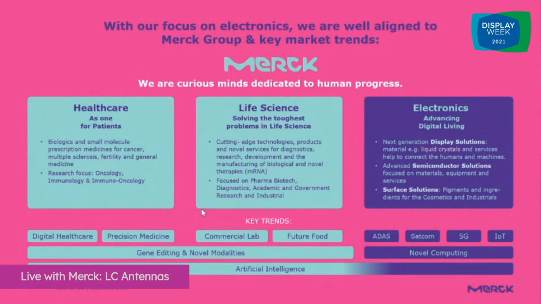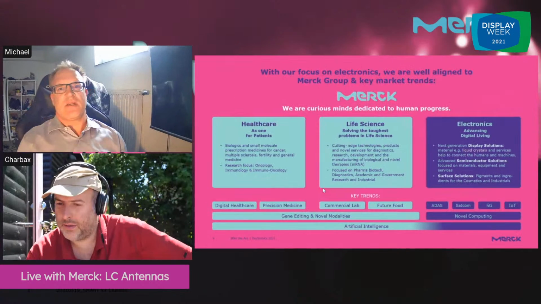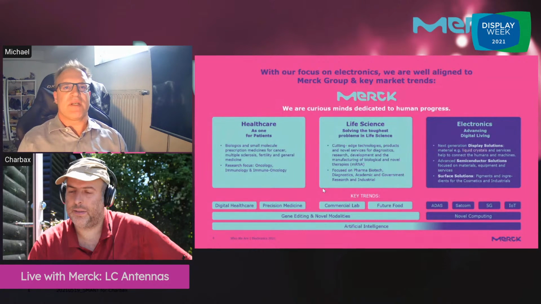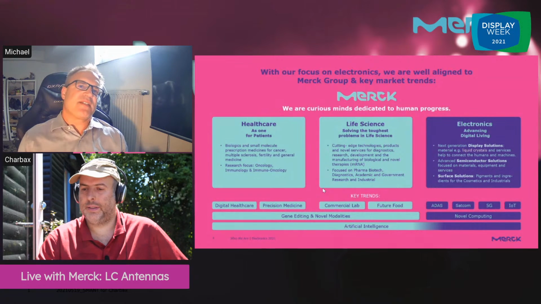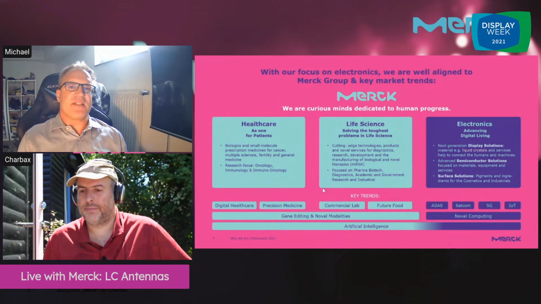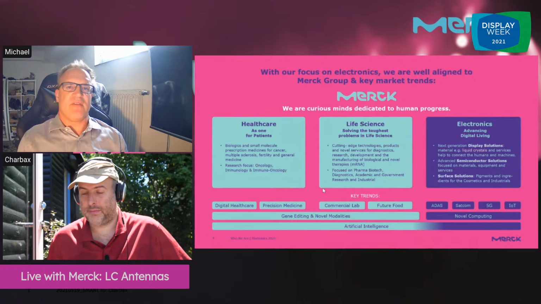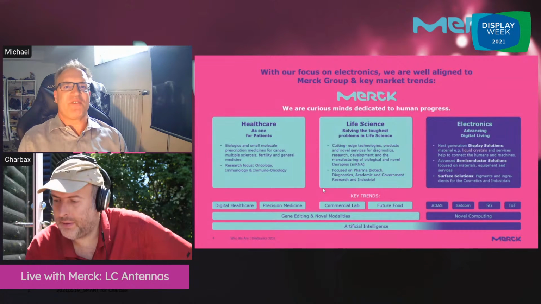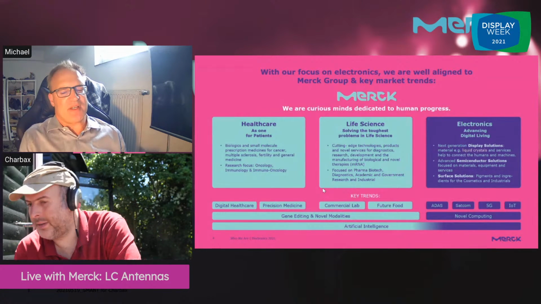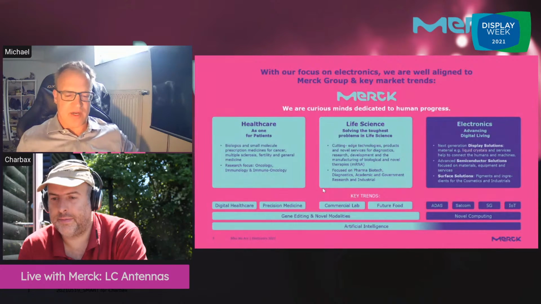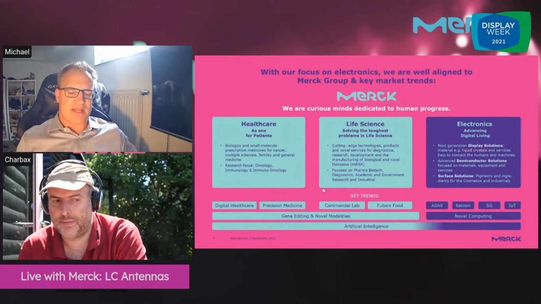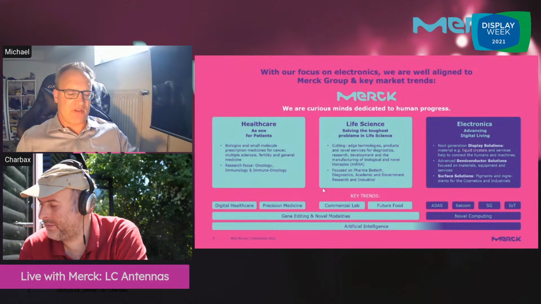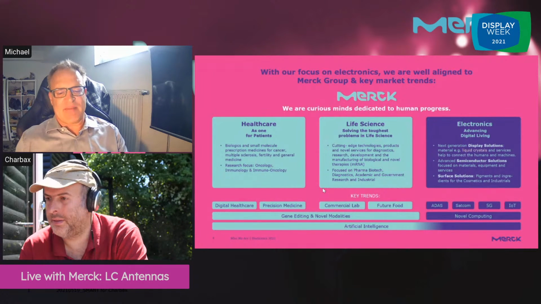Lately we also added semiconductor solutions, like photoresist, all the materials the semiconductor industry needs. We also have some nice colorful pigments. So that's the electronics part, and this is where the satellite communication and 5G part comes in.